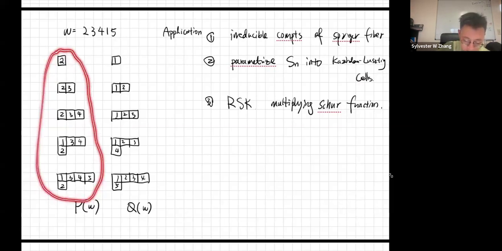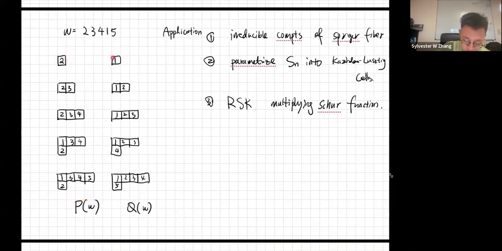So you get this sequence. And then you copy the shapes, the partitions of each step of your insertion algorithm. And then you add 1 to the first step, you add 2 to the second step, you add 3 to the third step, you add 4 to the fourth step, and so on and so forth. And then you build up the tableau in that way.